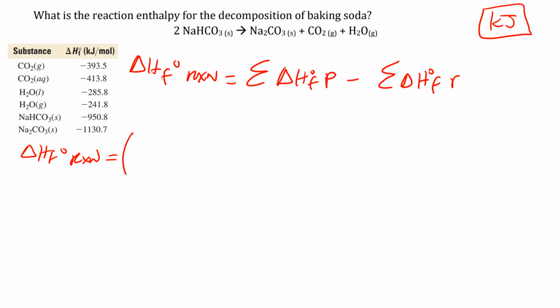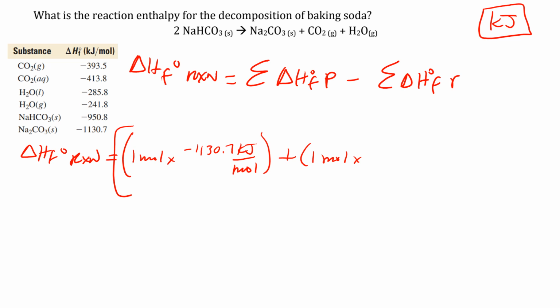For my products, I have 1 mole times Na2CO3, so negative 1130.7 kilojoules per mole, plus 1 mole times CO2 gas, negative 395 kilojoules per mole, plus 1 mole times H2O gas, negative 241.8 kilojoules per mole.